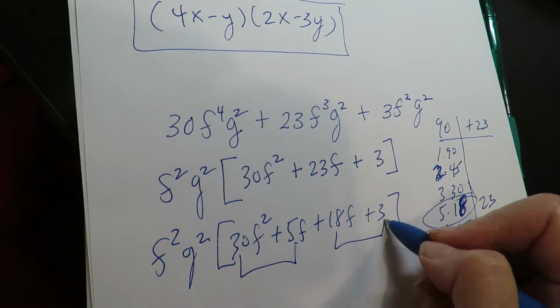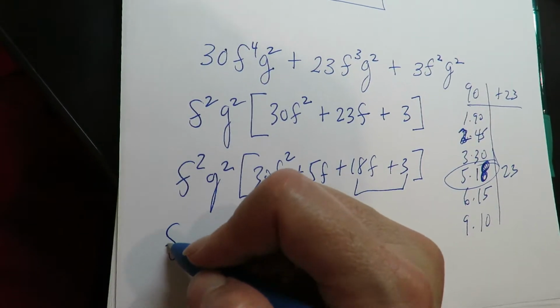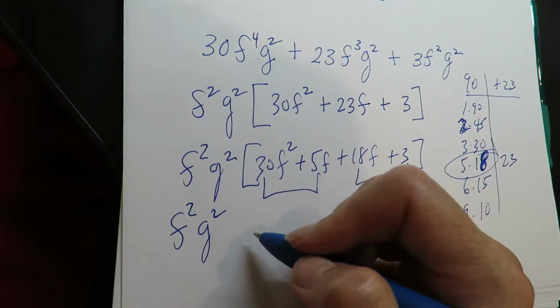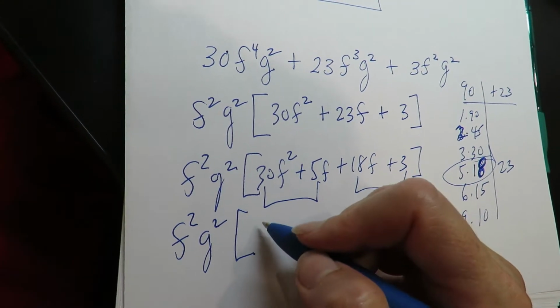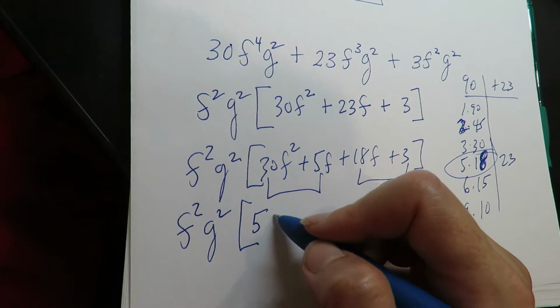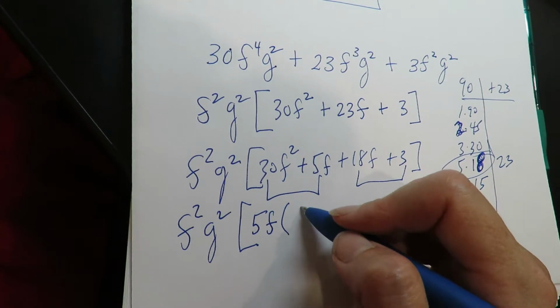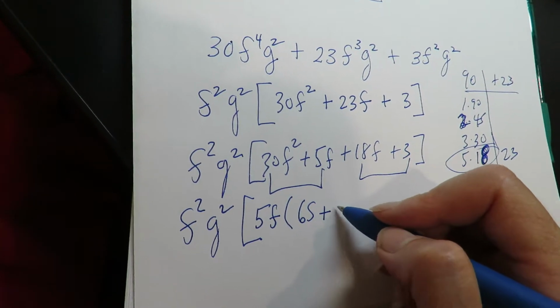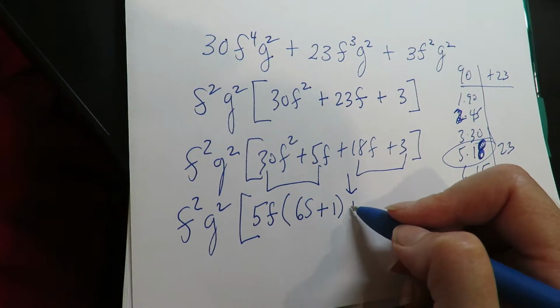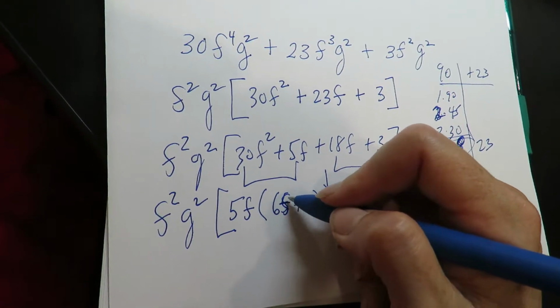Okay, now we do the grouping. Now the common factor, you're just going to drag it along. This is why I use square brackets, because now I'm also going to be using parentheses, so it gets a little confusing if I use double parentheses. F. I don't know.